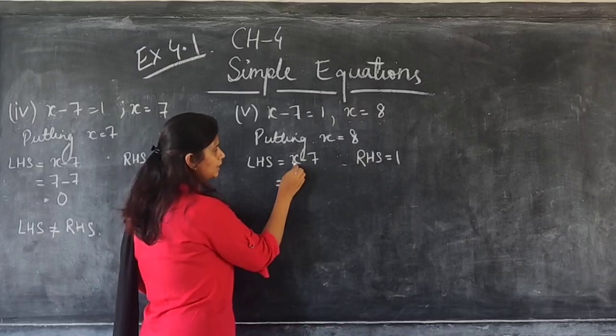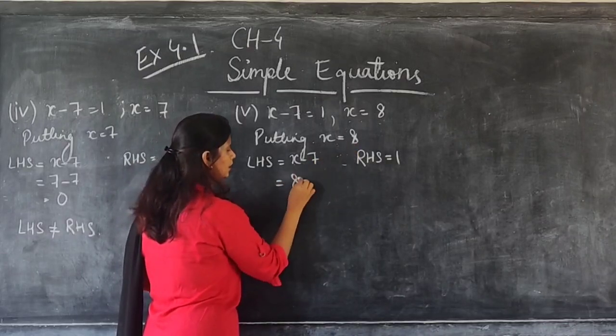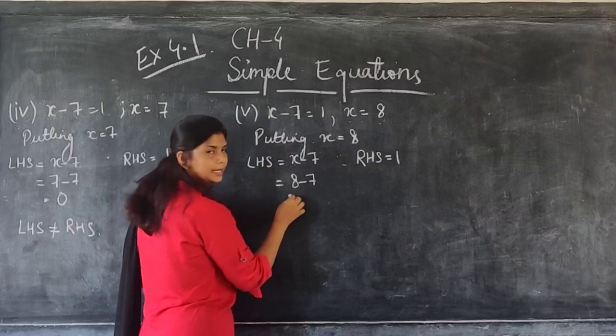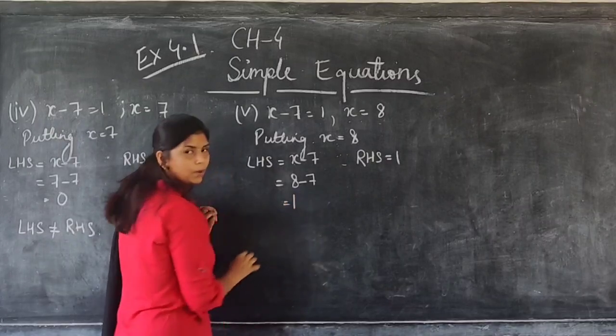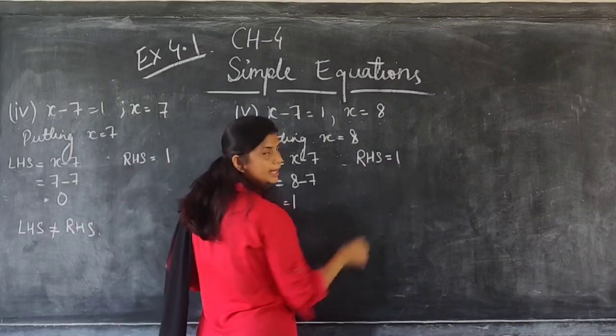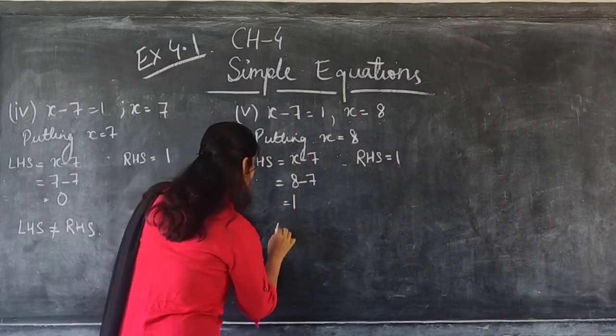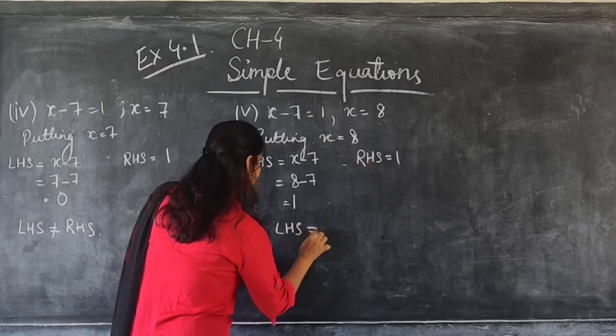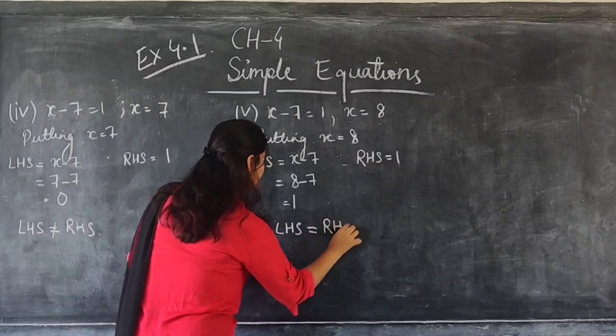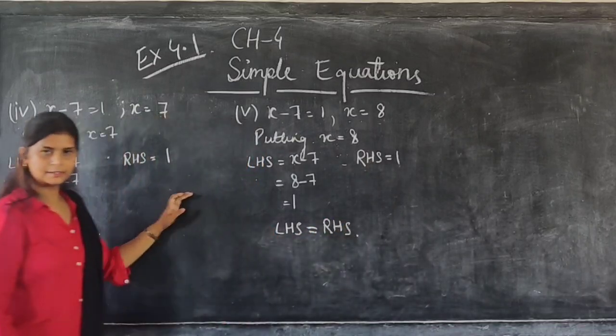Now what is the value of x? X is 8. So 8 minus 7. 8 minus 7 we get 1. And our right hand side we have 1. So left hand side is equal to right hand side. So write LHS is equal to RHS. Yes?